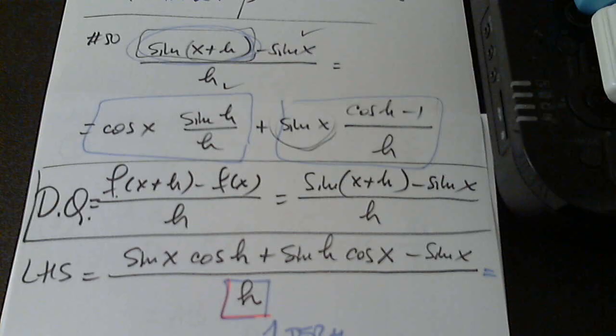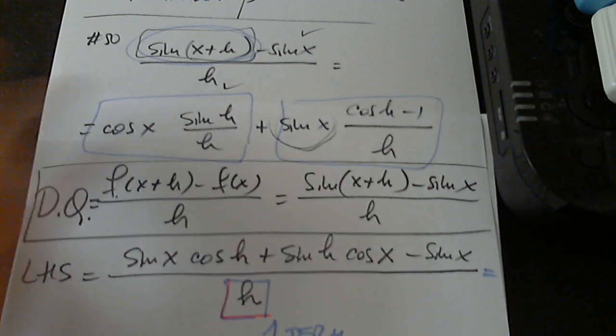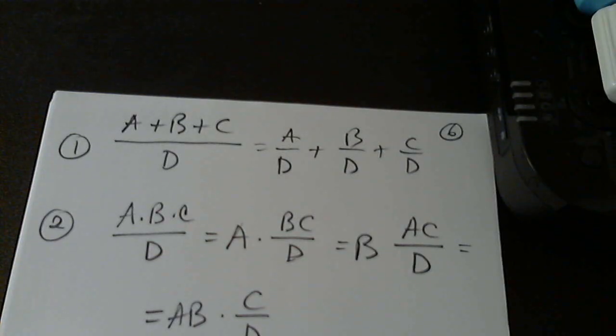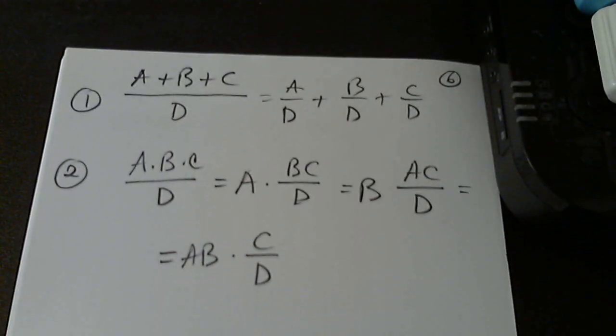So these are other identities. And we had an equation here. How do we proceed? Any questions? Anyone? Can anyone say something, please?